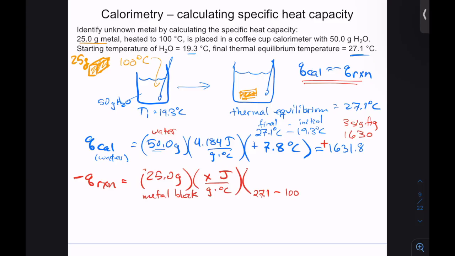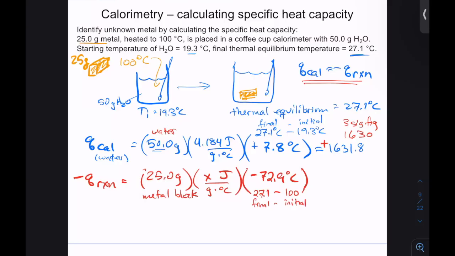That's just because we're using really high-grade thermometers. All right, but we're not in lab, we're doing an exercise. So let's see, 100 minus 27.1 should be 71.9. Huh? 72.9, thank you. But it's negative 72.9 degrees Celsius because we're paying attention to final minus initial.